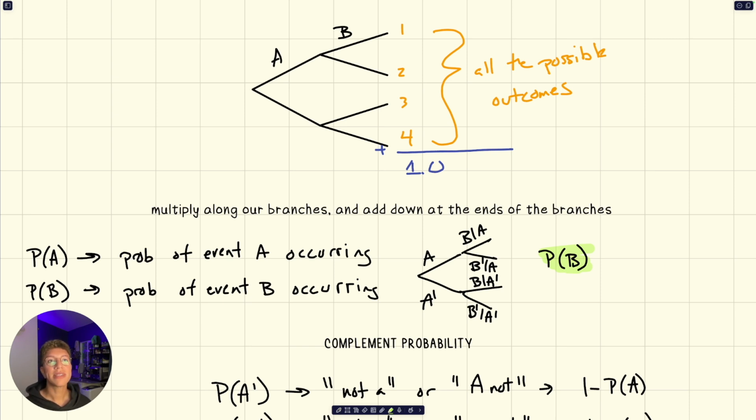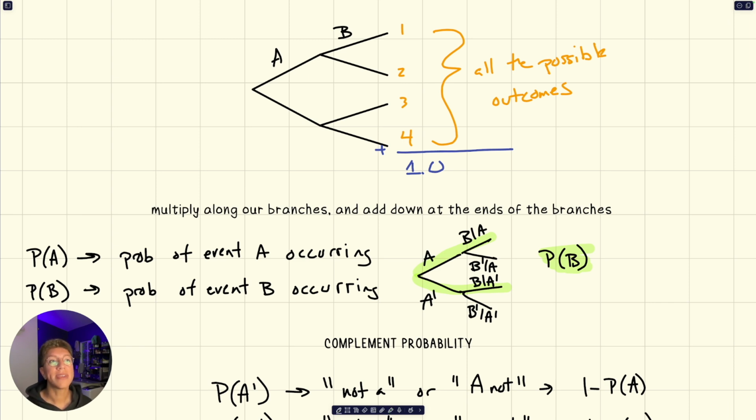Well, it's every place where B occurs added together. So we have to take the top branch, and we also have to take this middle branch, the third branch, and we have to add those together in order to get our probability of B from this orientation. So depending again on what information they give you in the problem, you want to put B first or A first to make things a little bit more clear.